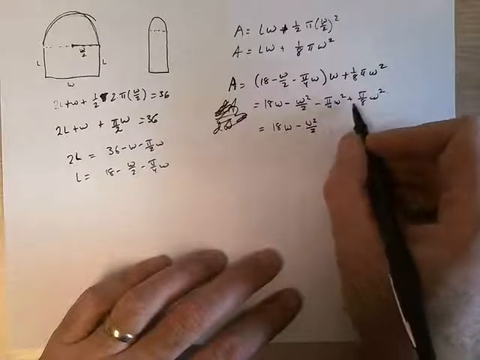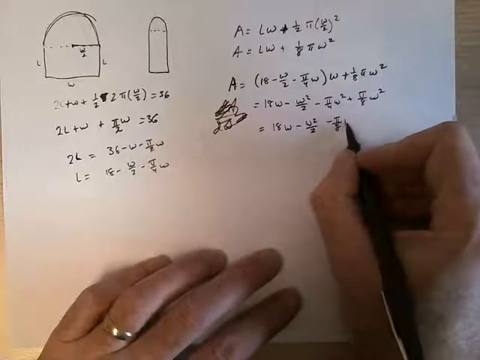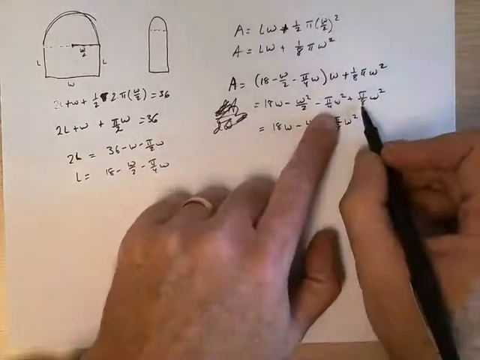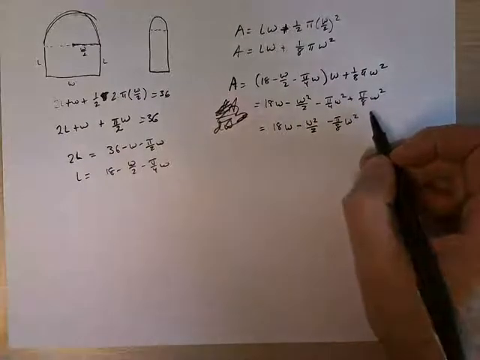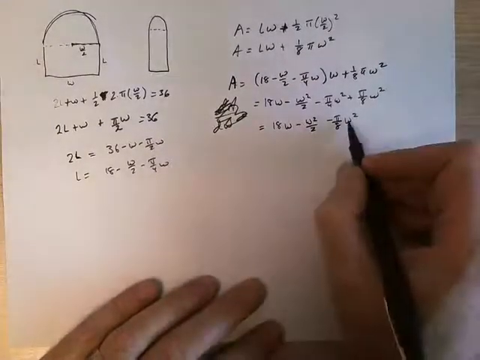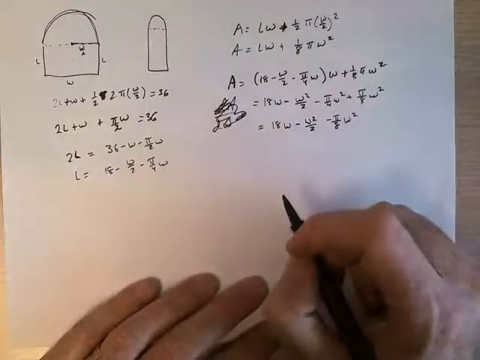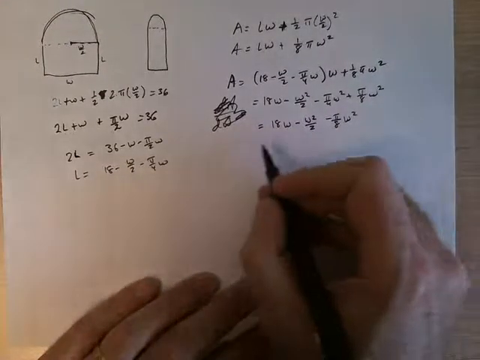So I've got minus 2 pi over 8 plus pi over 8, which is minus pi over 8 W squared. Just getting those two fractions together: the minus a fourth and plus an eighth is minus an eighth.